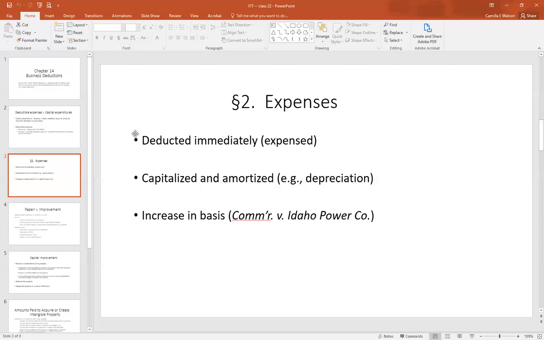So if you purchase a property, all the expenses in connection with that purchase or acquisition of that property must be capitalized. And these include commissions and transaction costs as well. If a taxpayer constructs a building, the costs of construction also must be capitalized. Now, that's not a big surprise. But if you have any equipment that you used in the construction of the building that would otherwise be depreciable, those depreciation deductions also must be capitalized under the Idaho Power Company case discussed on page 316.